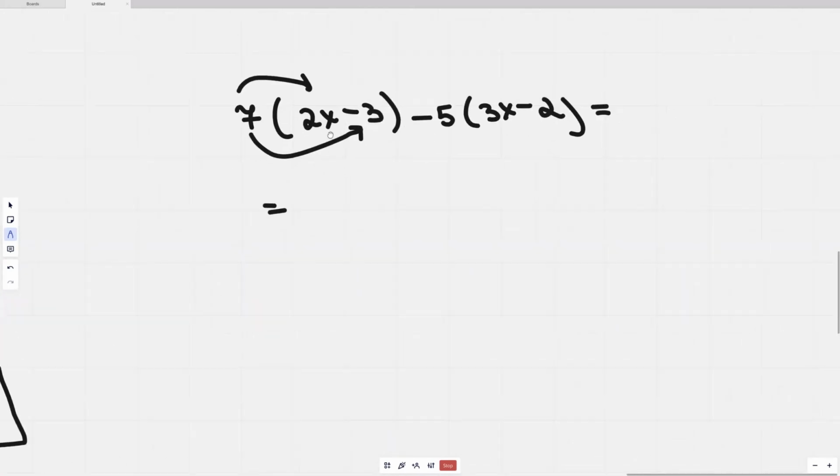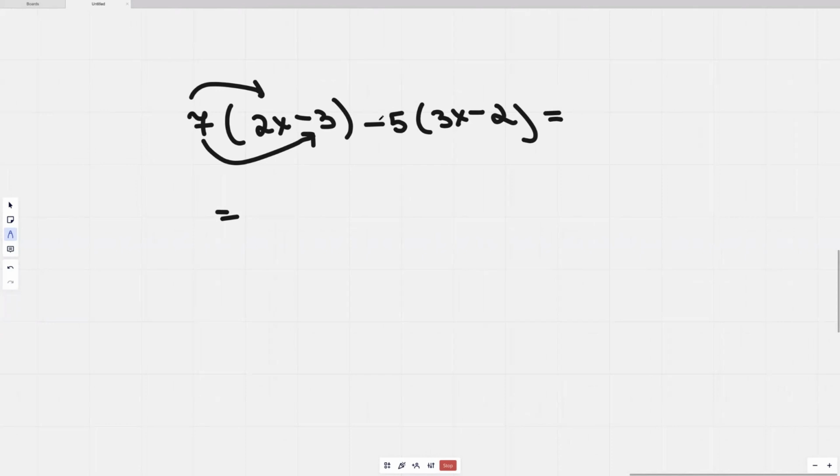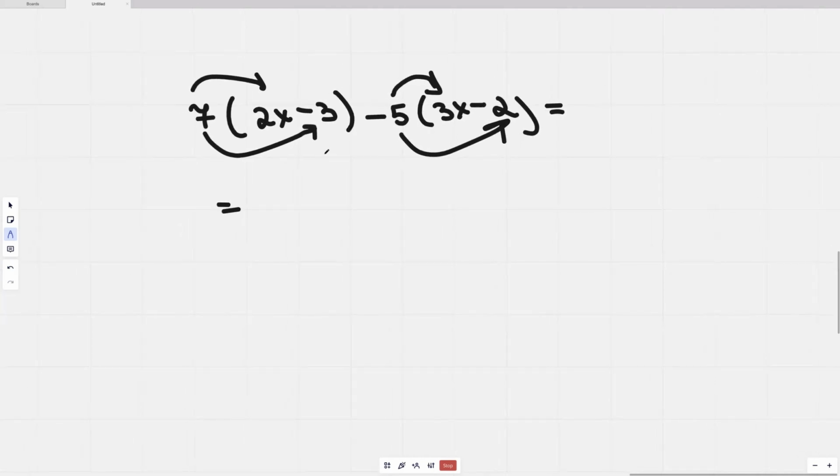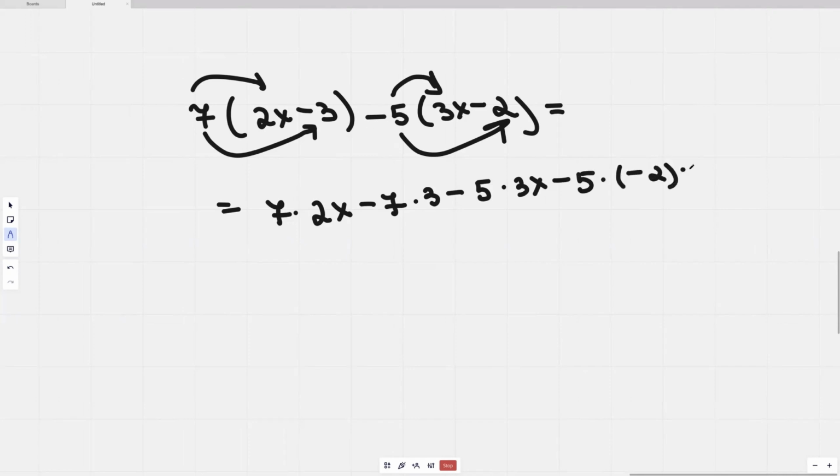Same thing here again: -5 should be multiplied by the 3x, and -5 should be multiplied by -2. So 7 multiplied by 2x minus 7 multiplied by 3, and minus 5 multiplied by 3x minus 5 multiplied by -2.